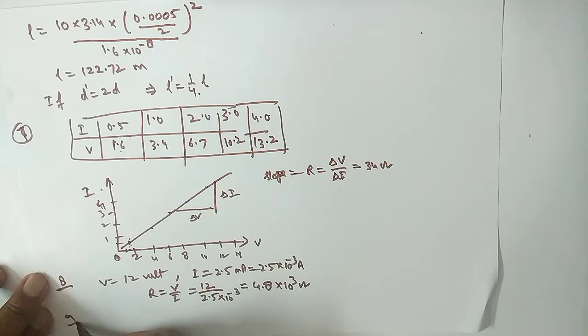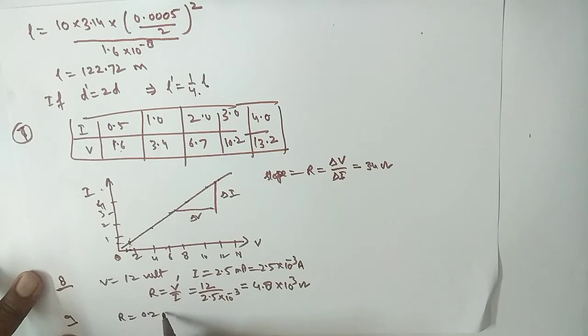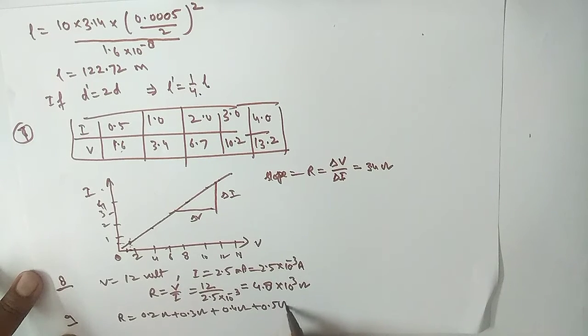Now come to question number 9. In this question, a battery of 9 volt is connected in series with different resistors, and you have to find the current through the 12 ohm resistor. So find the total R: 0.2 ohm plus 0.3 ohm plus 0.4 ohm plus 0.5 ohm plus the 12 ohm, and this is equal to 13.4 ohm.